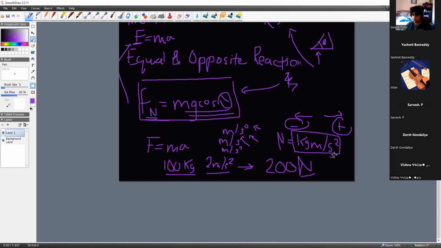Even if it's not directly asking for force and just asks you to solve this equation, you will know that this quantity equals force. But they'll typically tell you to find the force given 100 kilograms, 2 meters per second squared. And you'll just know that the basic unit of force is newtons.